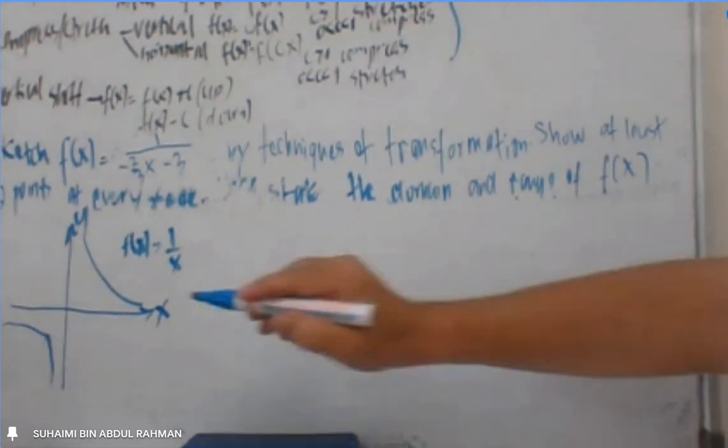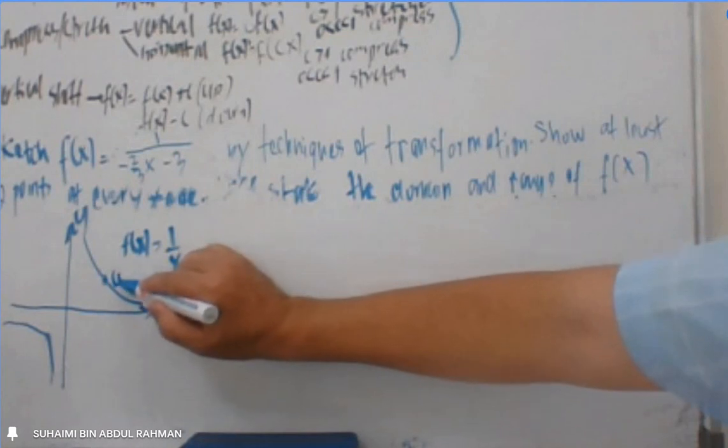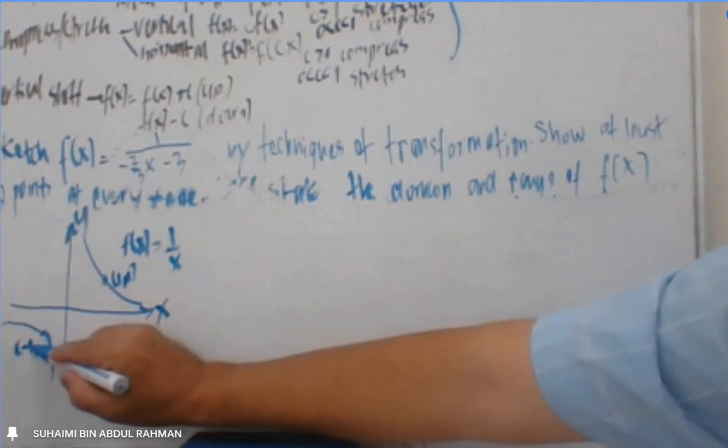The points: choose points 1, 1, and minus 1, minus 1.